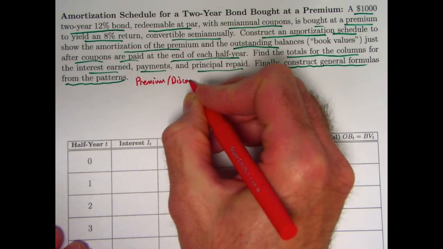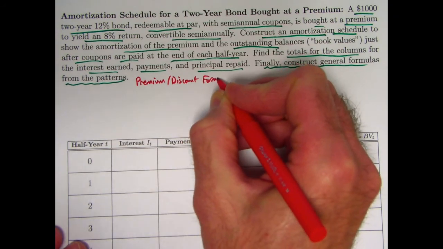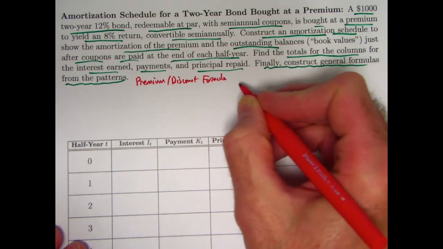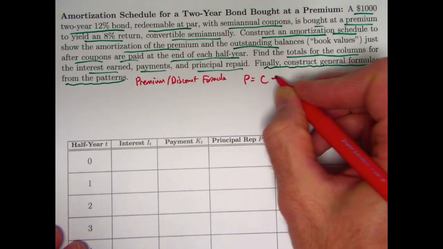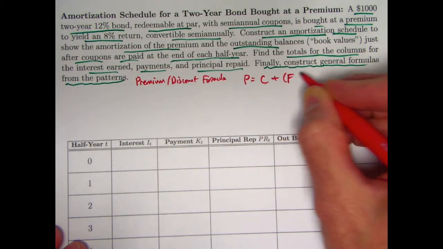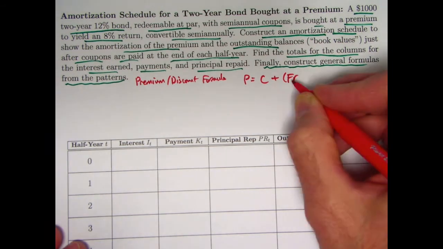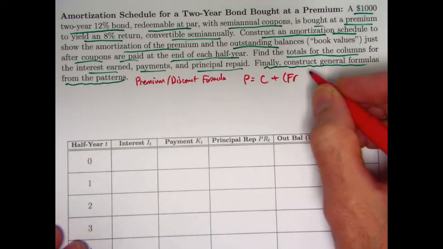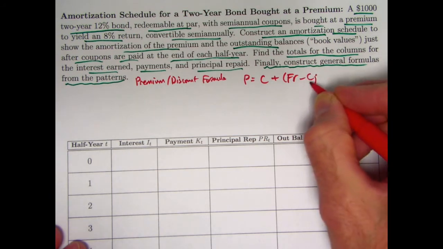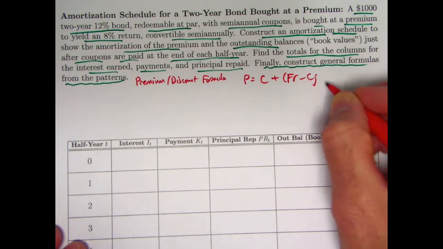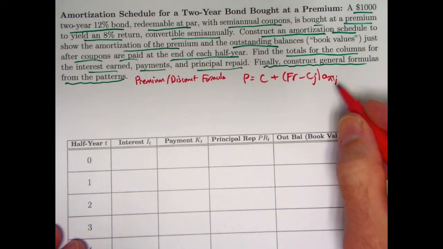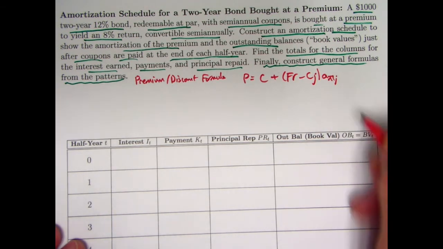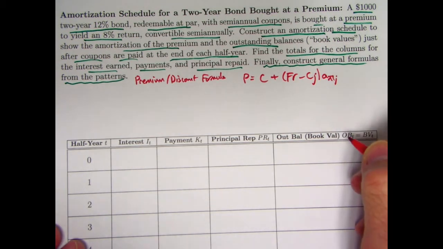The premium discount formula for the price of a bond in general is typically written as the price is the redemption value, typically called C, plus the coupon amounts, F times R, face value times semi-annual coupon rate, minus C times J, the redemption value times the semi-annual yield rate, times A and J, your present value of an annuity immediate with end payments based on the yield rate, semi-annual yield rate J.